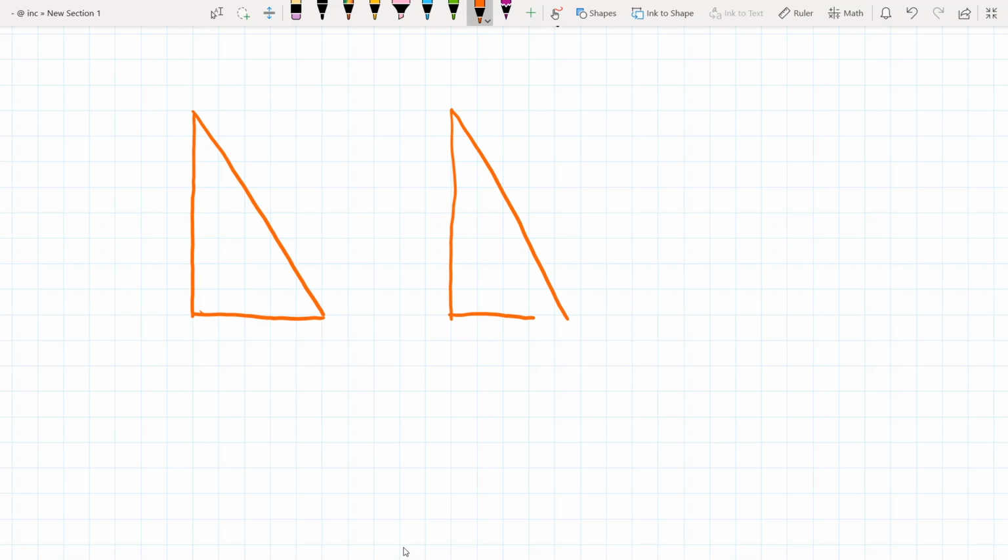So for these to be congruent, whatever measure this angle is has to be the same as this one. Whatever measure this angle is has to be the same as this one. Whatever measure this angle is has to be the same as this one.